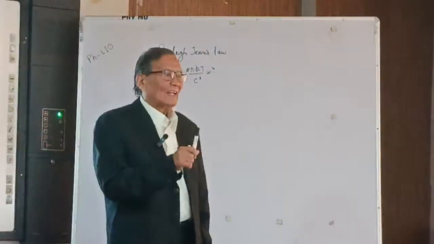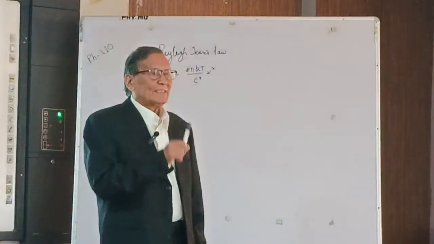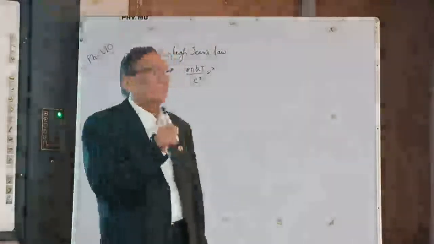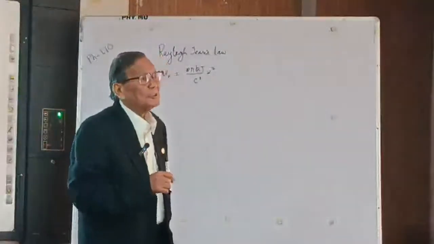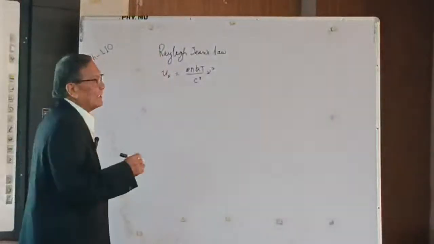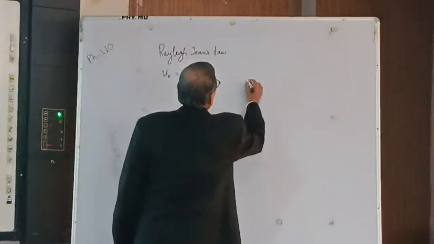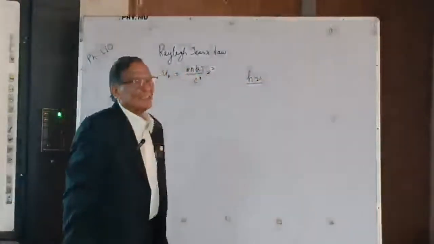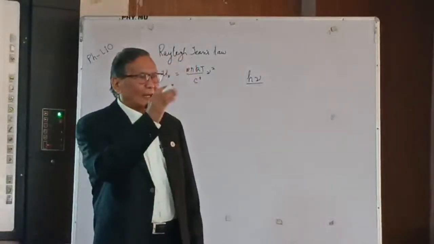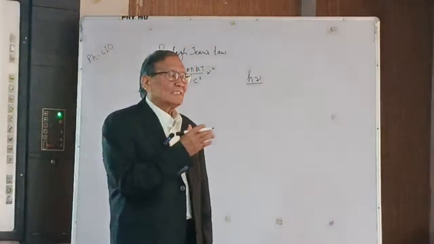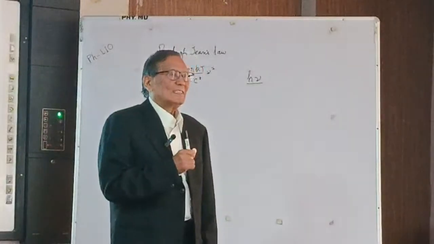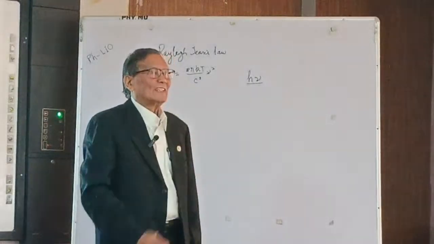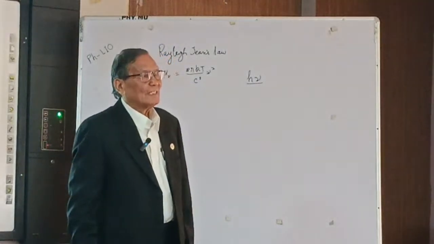I'll explain later. The exchange of energy means absorption or emission of radiation of frequency nu takes place in quanta of energy h nu. He did not outright say that radiation consists of quanta of energy. He said that the exchange takes place in quanta, in a discrete manner. This was Planck's hypothesis.